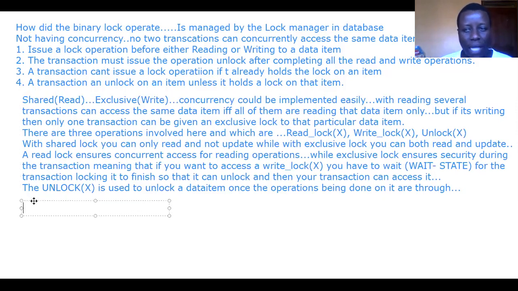Now let us go to the last one, which I saw as a really good thing to talk about: two-phase locking, or what is usually called 2PL.